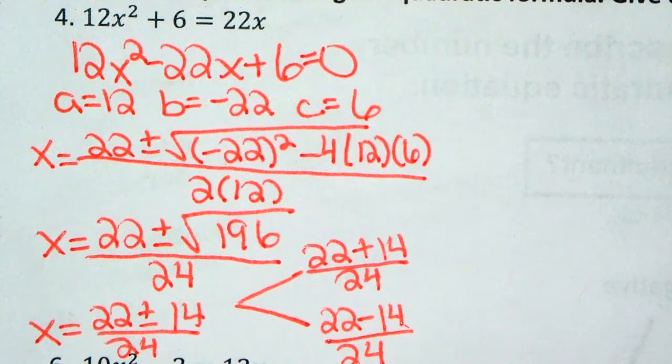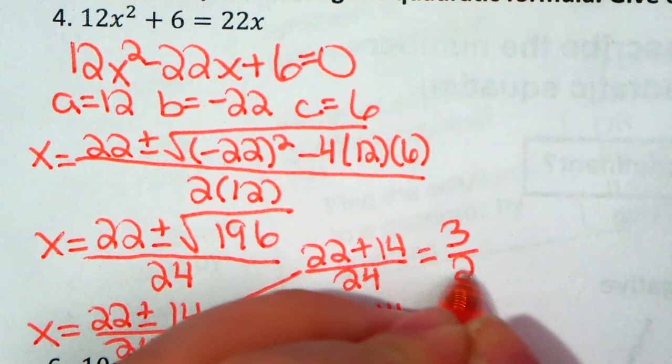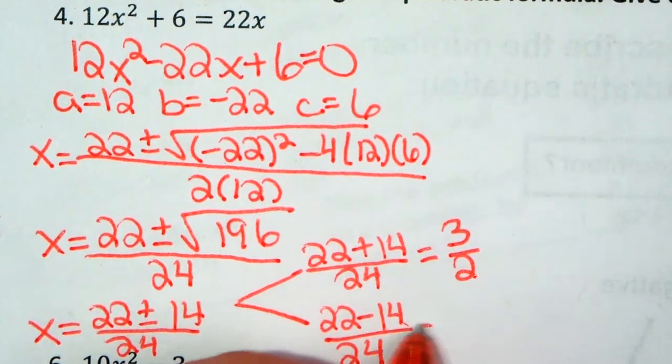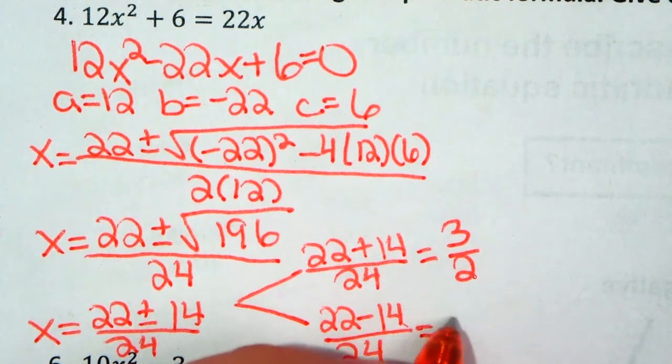So 22 plus 14 over 24 gives us 3 over 2. So remember, we want the fraction. And then 22 minus 14 over 24 gives us 1/3.